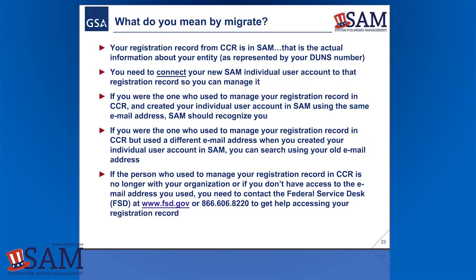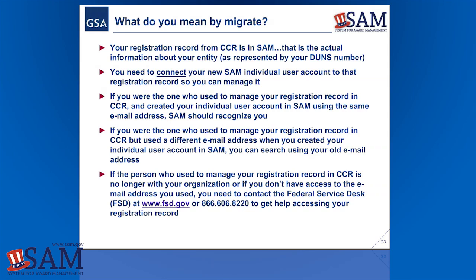The DUNS number, your Data Universal Numbering System number, that 9-digit number, is what uniquely identifies your entity, so your business or organization in SAM, and that's what you are registering in SAM, and all the information about that DUNS number. So if you are the same person that used to manage your record in CCR, and you use the same email address that you used to use, the system should recognize you.